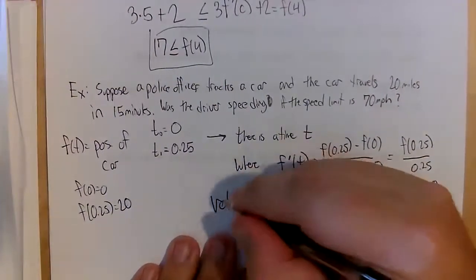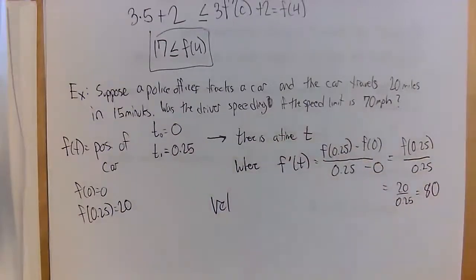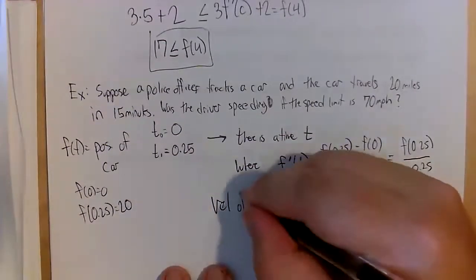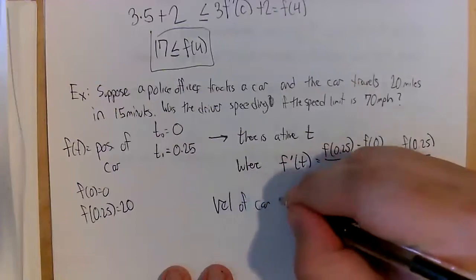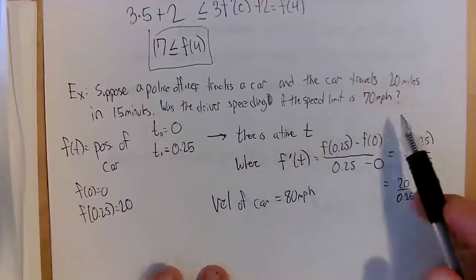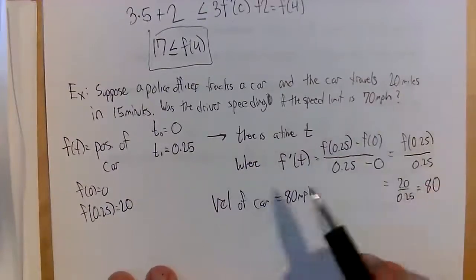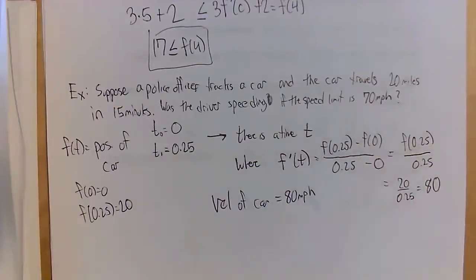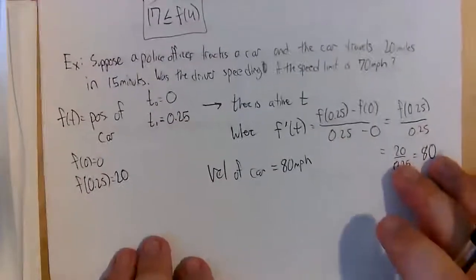So we know that at some point, maybe not the whole time, but at least at some point, the velocity of the car is equal to 80 miles per hour. So if we have this information, then we can conclude that the car was speeding by using the mean value theorem here.